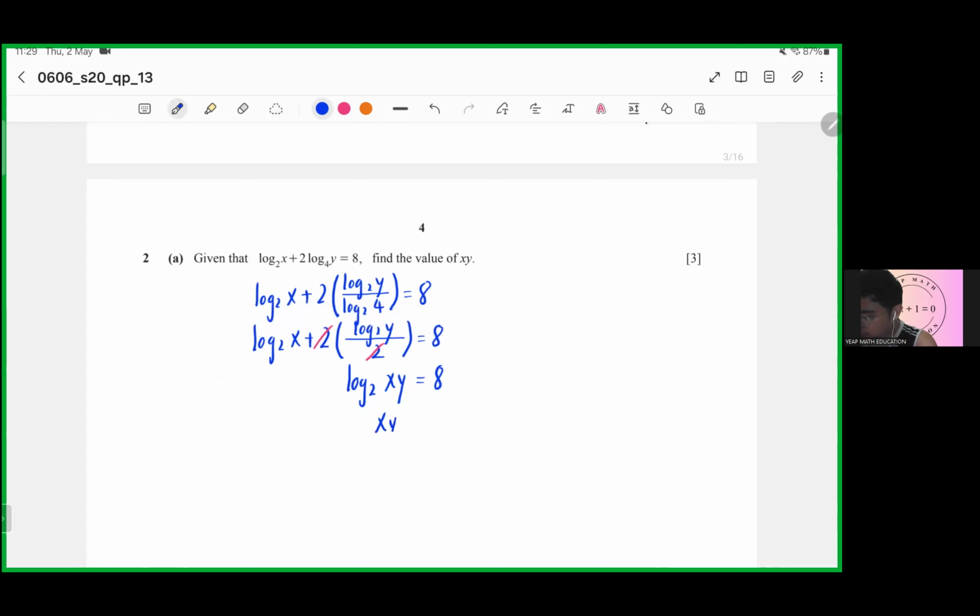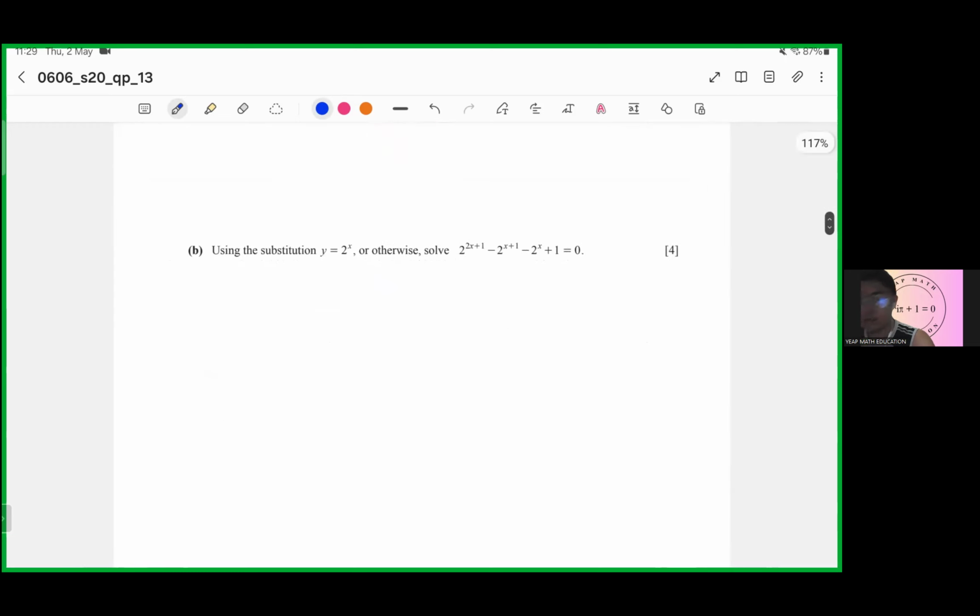We can write xy equals 2 to the power of 8, which is 256. So these are our answers. Now we look at the next part.